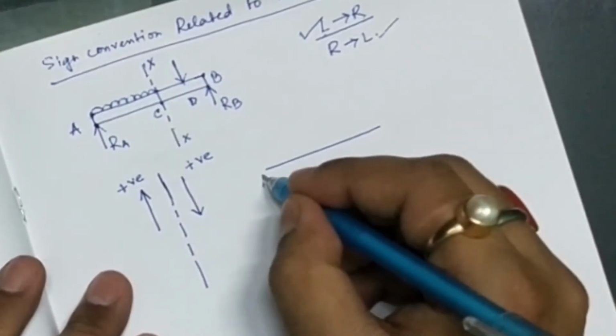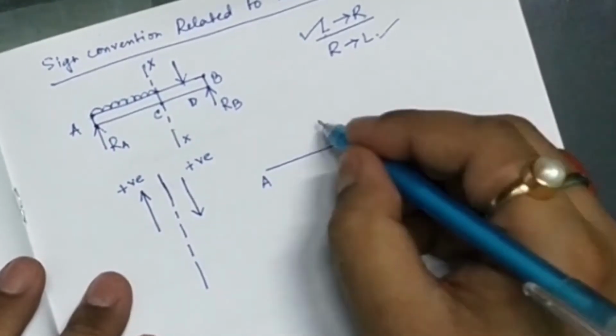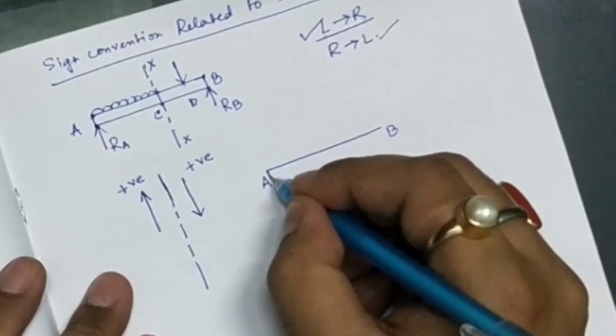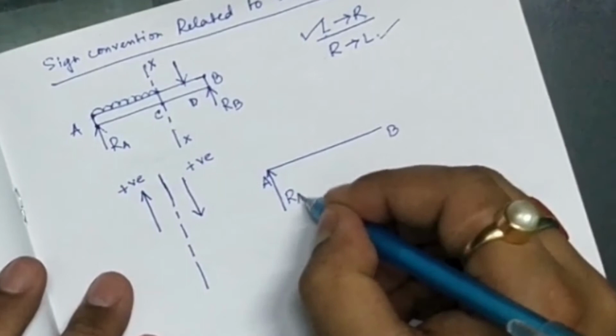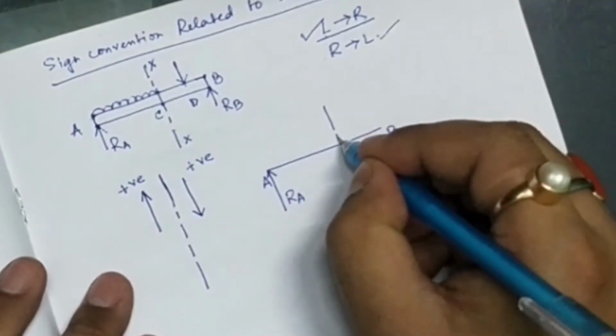Okay, this means that, for example, let us take an example here. Suppose we have a beam AB and we have one force acting here, suppose this is RA, and we have the section here.